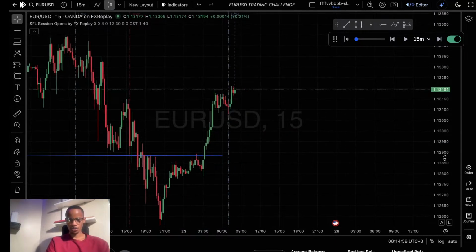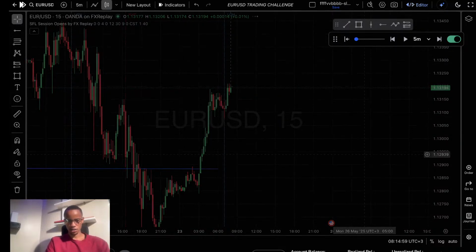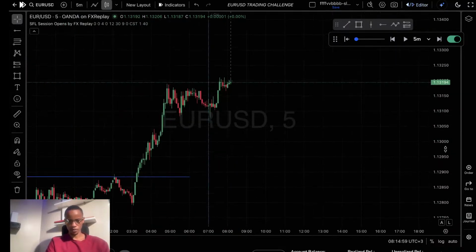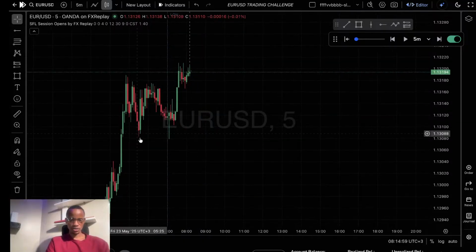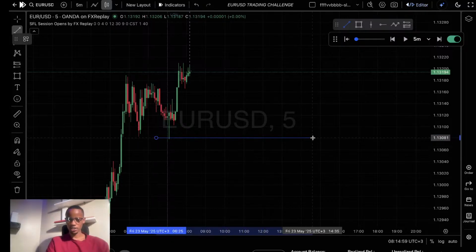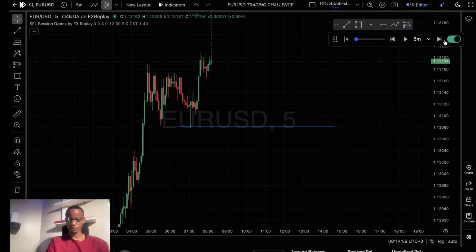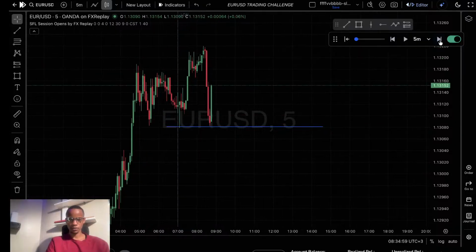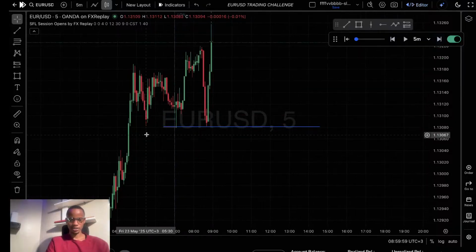Now we are going to use 5 minutes. So now this is where we are. Usually these types of entries, I have to wait for liquidity. Okay, did we clear this low?